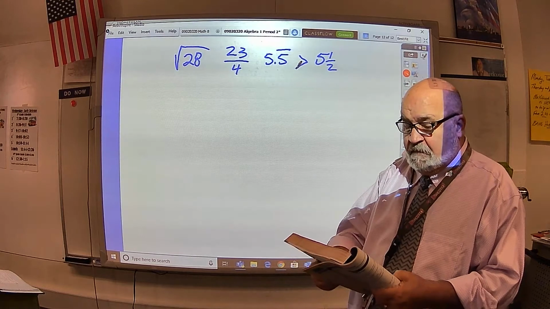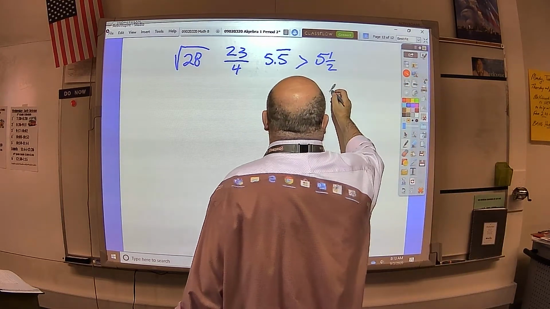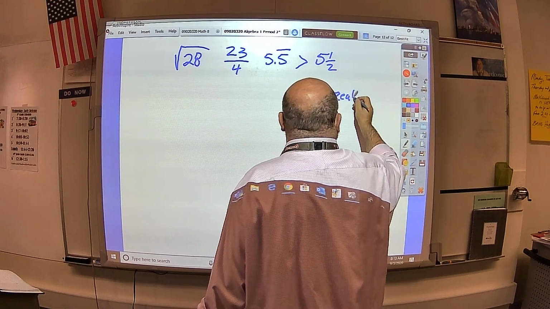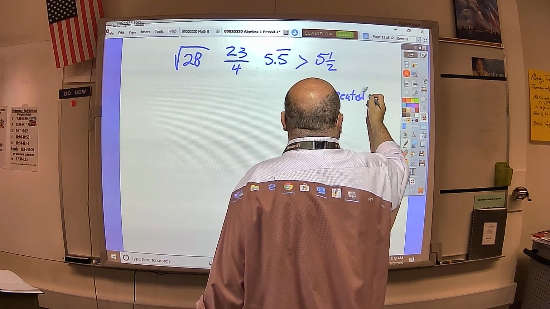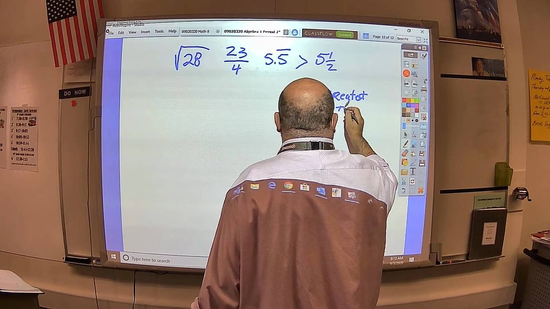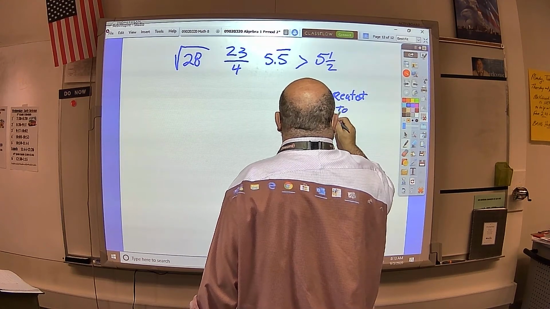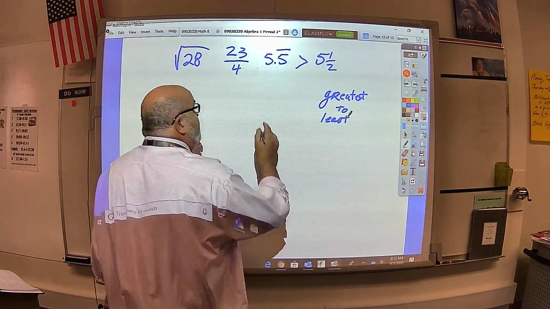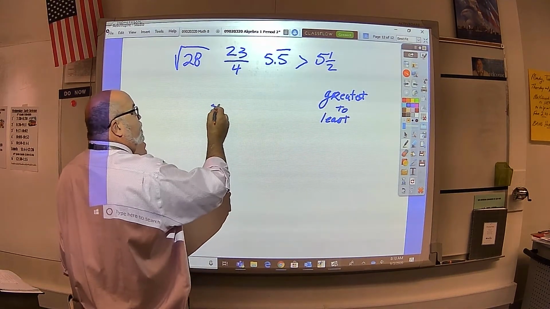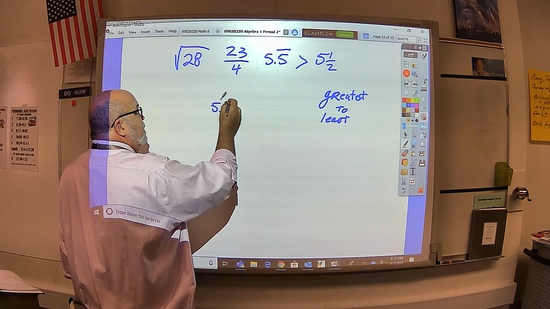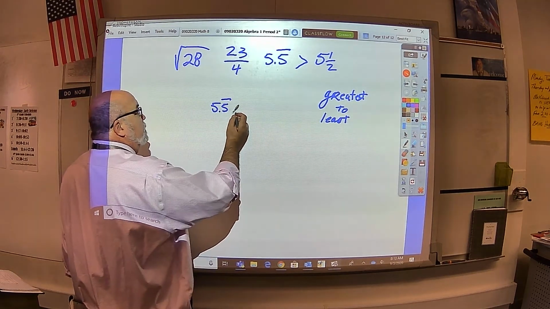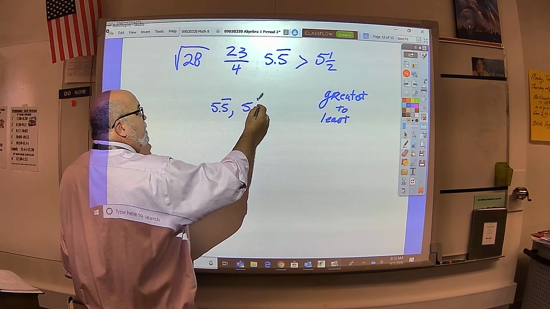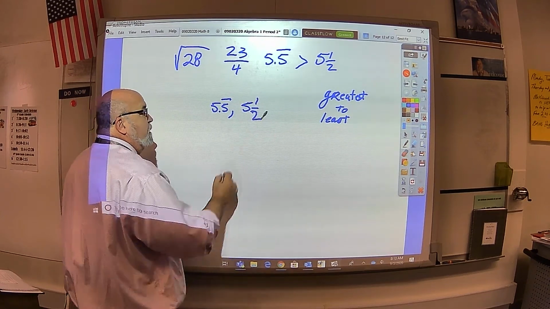Now, if I'm going to place them greatest to least, as the instructions say, and you've got to pay attention to this factor, then 5.5 forever has to come before 5.5.